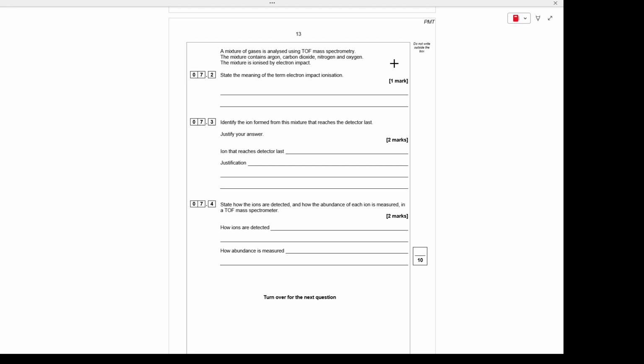So just remember, with electron impact, you're just firing a bunch of electrons and knocking electrons off molecules or atoms to give them a 1 plus charge.